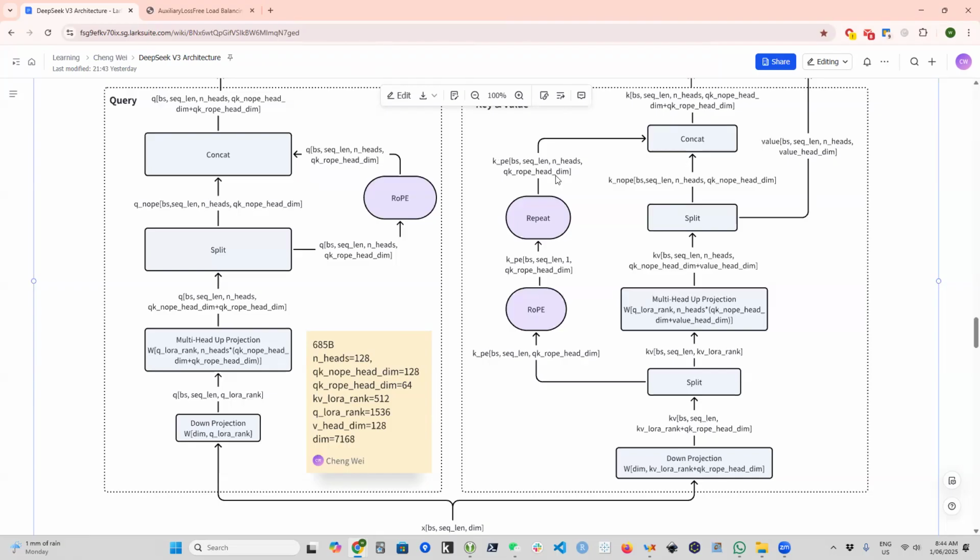This part is slightly smaller because its purpose is to capture positional information. That's right. This other part is to catch the main meaning.